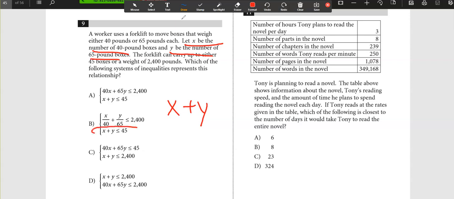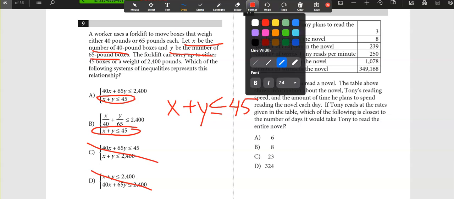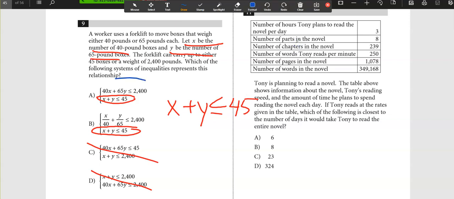So I know that it either has to be A or B because I need something that has x plus y less than or equal to 45 boxes. I can't have more than 45 boxes. So these last two choices are ridiculous. Now, out of those two choices, which one is correct? It would be A, right?